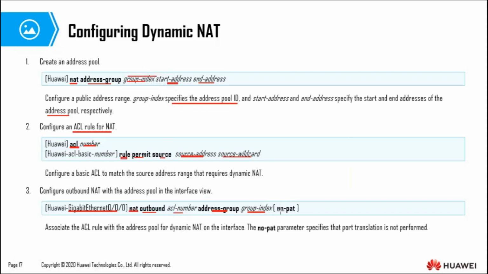Then after that, you use the keyword no-pat, no hyphen pat. No-pat means no port address translation. So we're going to look at what port address translation is just now. But for now, just understand that we must use that command no-pat in order to specify that we are not going to use port address translation.